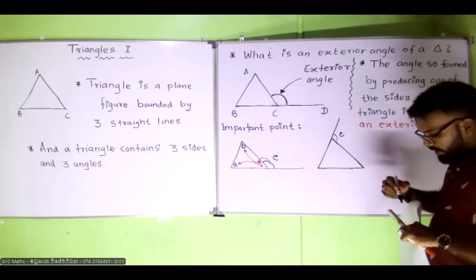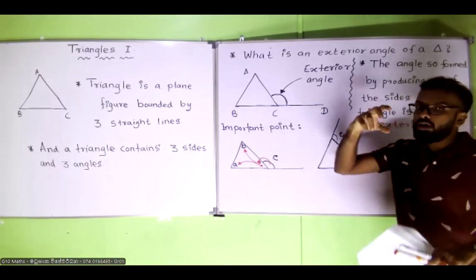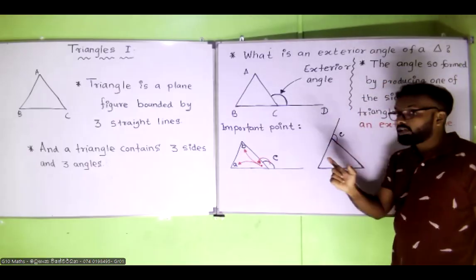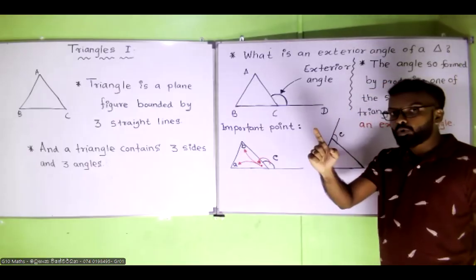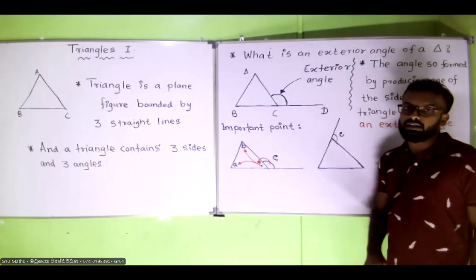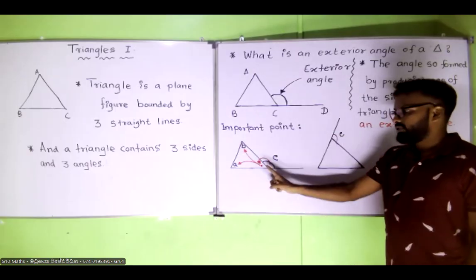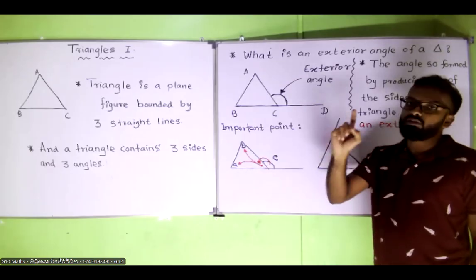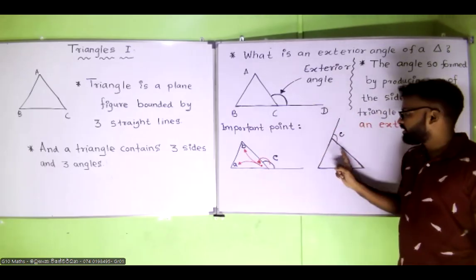Now if I tell you to label or identify the two interior opposite angles for this exterior angle, this is one of the ways you can identify that. And the same thing you are going to label here.